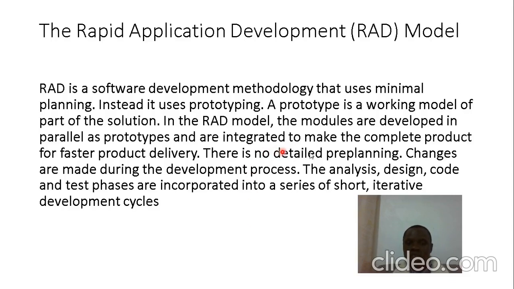So there is no detailed pre-planning. Changes are made during the development process. The analysis, design, code, and test phases are incorporated into a series of short iterative development cycles. Yeah, so it encompasses iterations as well, because when you have a prototype which shows where you are heading to, then you keep on improving on it.